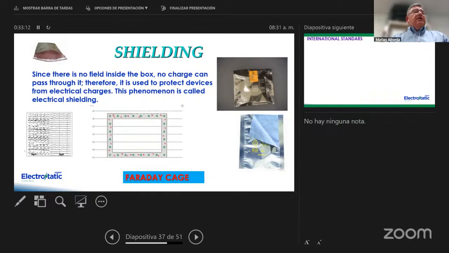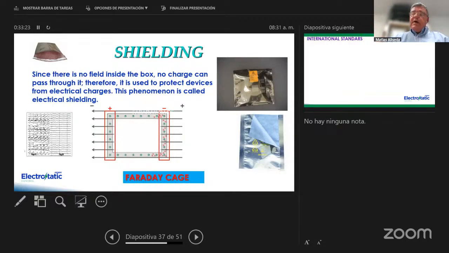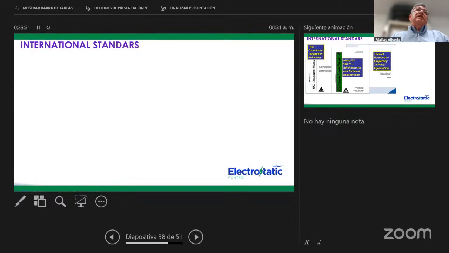The PC board or the sensitive device will be fine because nothing goes inside the shielding bag or conductive containers that you can be using. So that is one of the ways to control it.